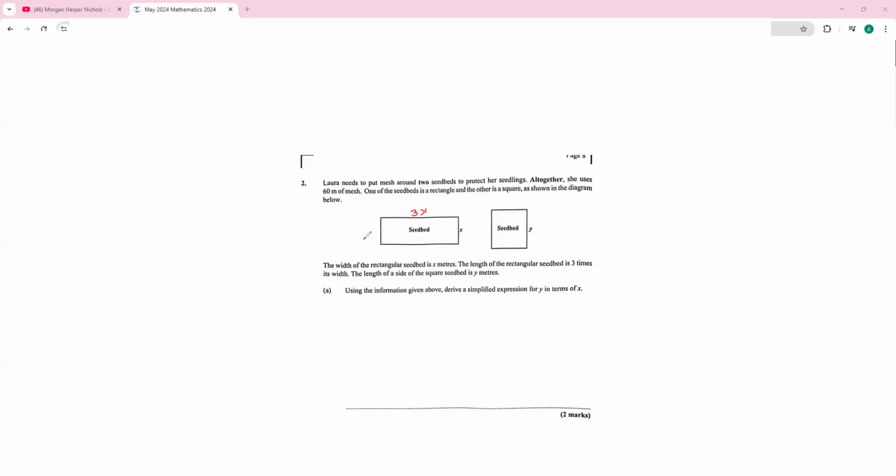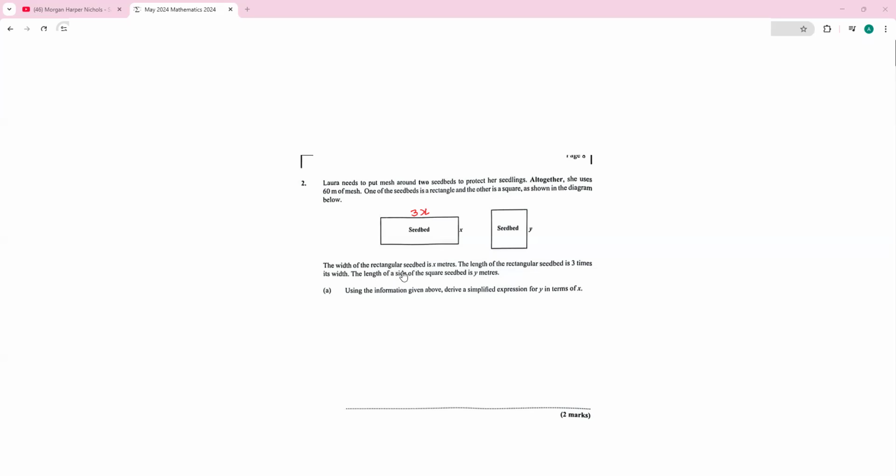Right? So it's going to be 3 times x. If the width is x and the length is 3 times the width, then the length will be 3x.